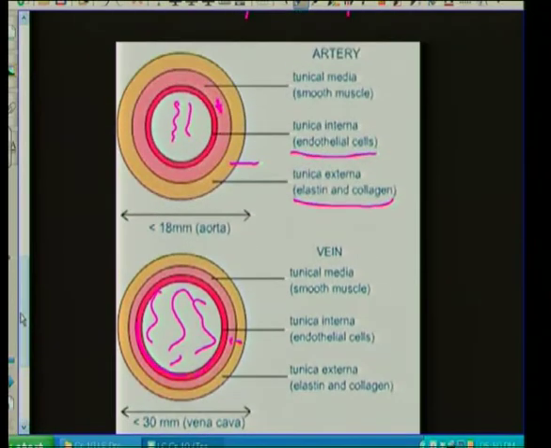Now let's ponder a little bit about why the differences. The artery, we said, had a very thick muscular wall. The vein had a thinner muscular wall. The artery had a small lumen, and the vein had a larger lumen. Remember what we said on the functions of these blood vessels earlier.